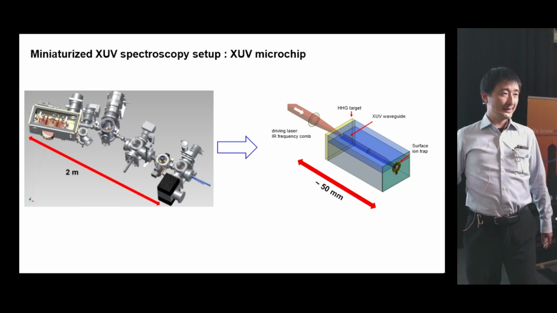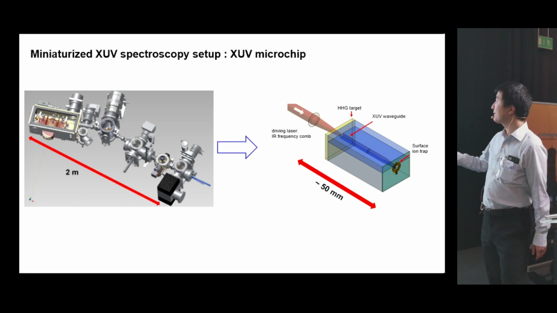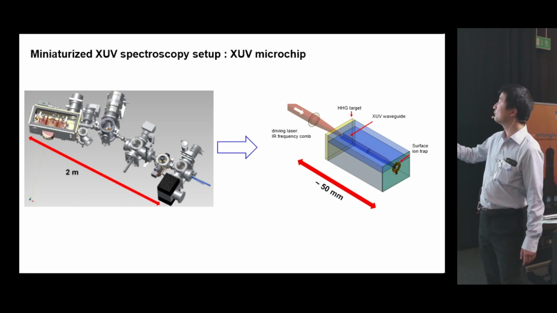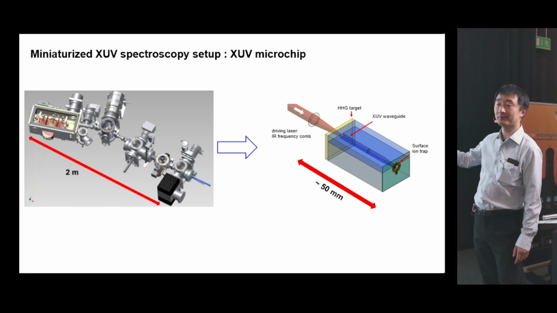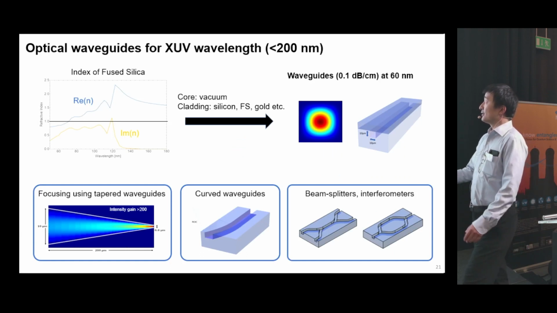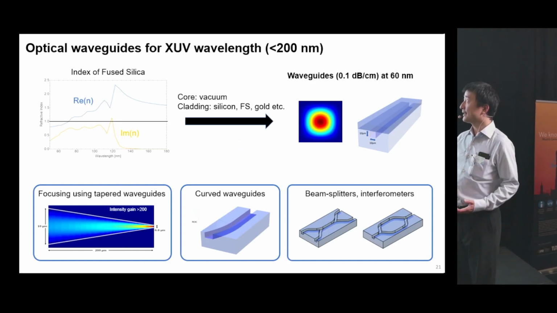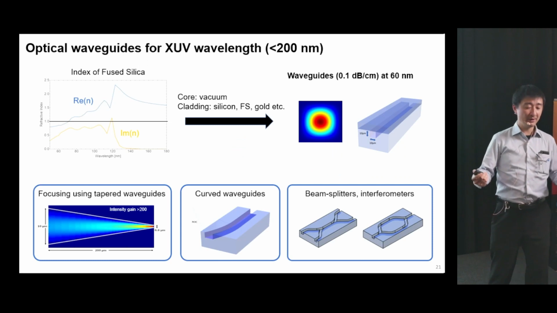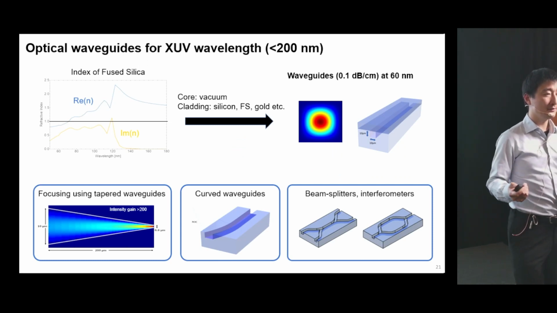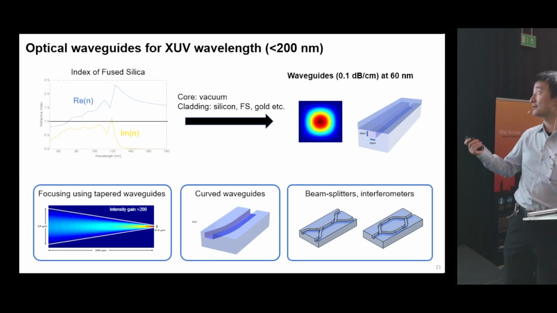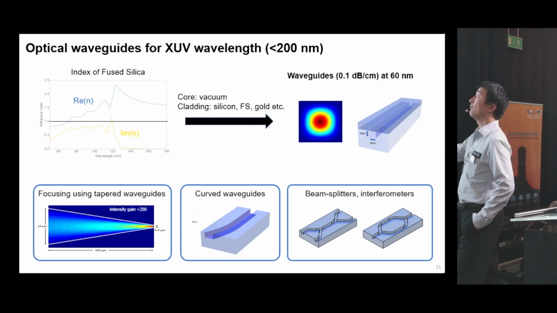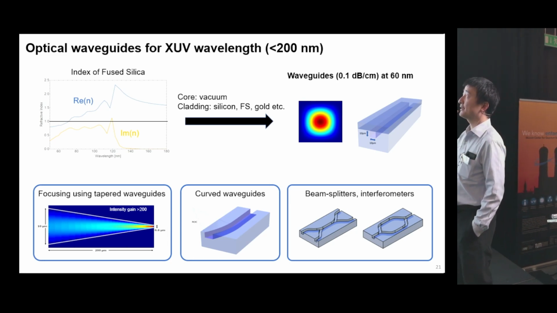For this XUV microchip idea, the key technology is a waveguide that works at very short wavelengths. A waveguide, that is basically a fiber, is conventional technology in the infrared and visible wavelengths, but it's not so straightforward to make a fiber for wavelengths below 200 nanometers.